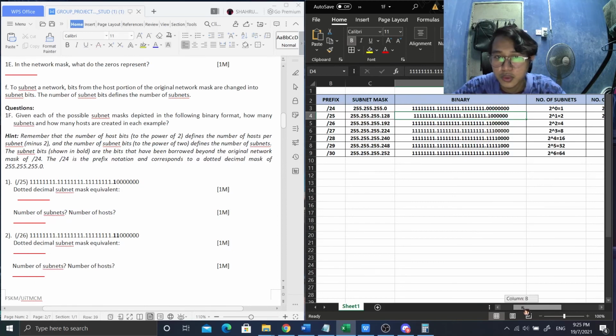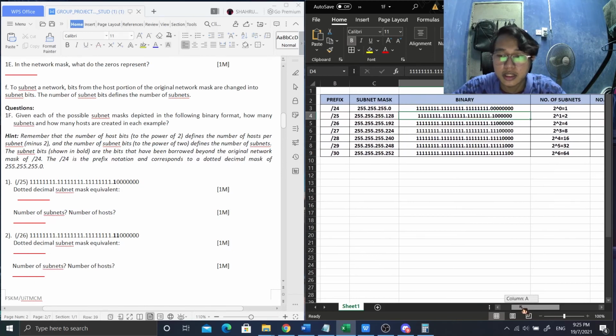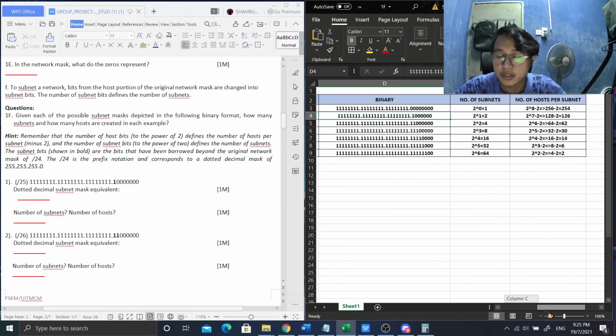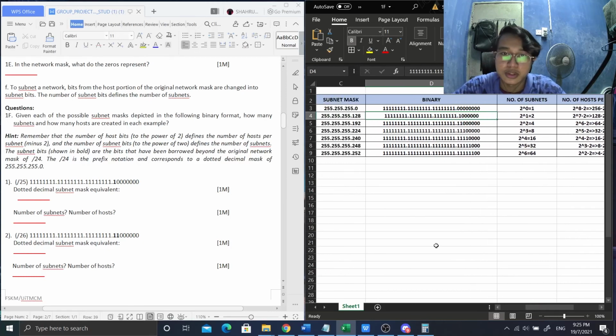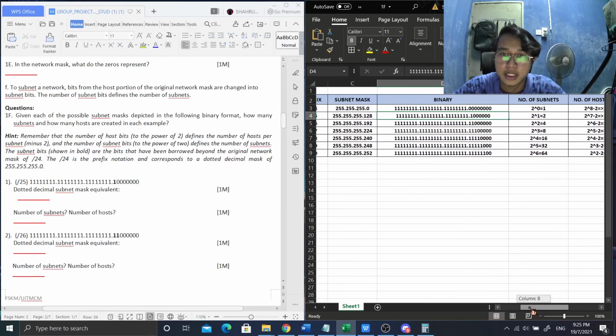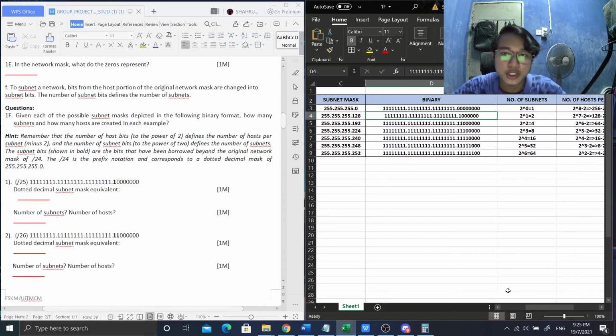So we can create a table to make it easier for us to find the answer. So the binary in question 1, as we can see, has only 1 bit that has been borrowed beyond the original network, and 7 zeros.